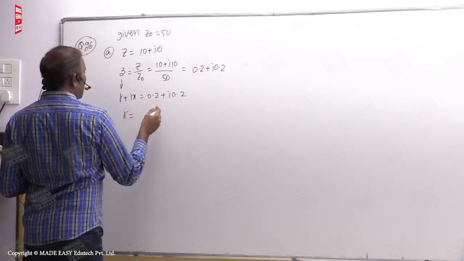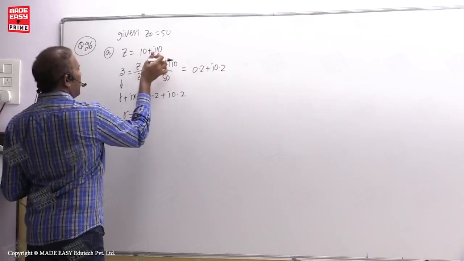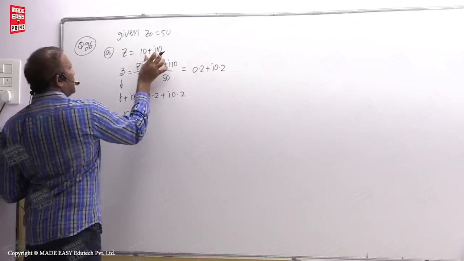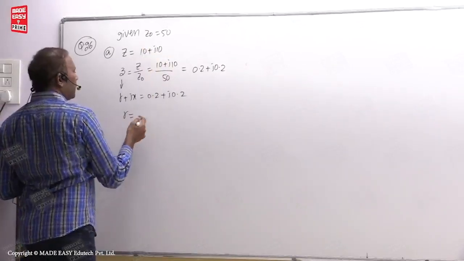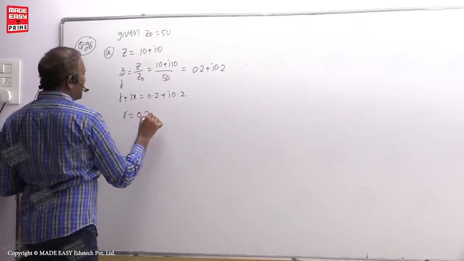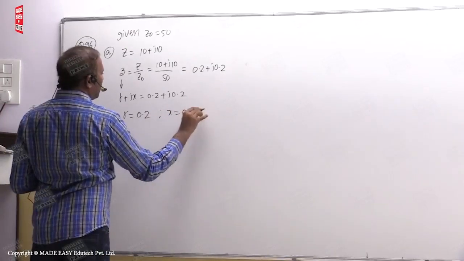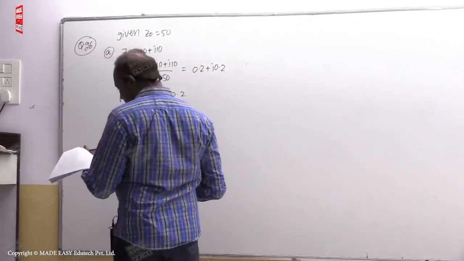That means this impedance should be located on the Smith chart wherever the r is equal to 0.2 circle and the x is equal to 0.2 circle join. So that is correct actually.